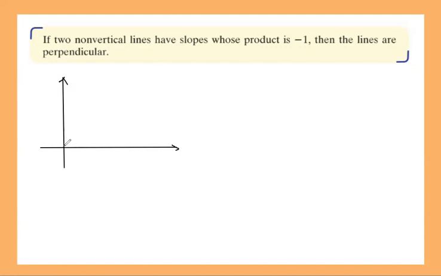So I want to start with the origin, because that's easier to deal with in general, okay? So I'm going to name this (0, 0). And I will need two lines. So let's take one line passing through the origin, maybe something like this.